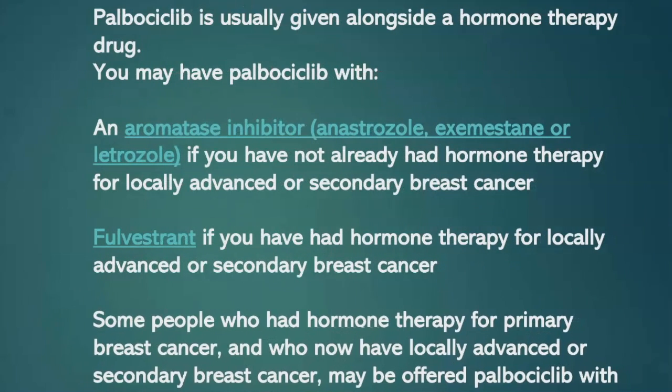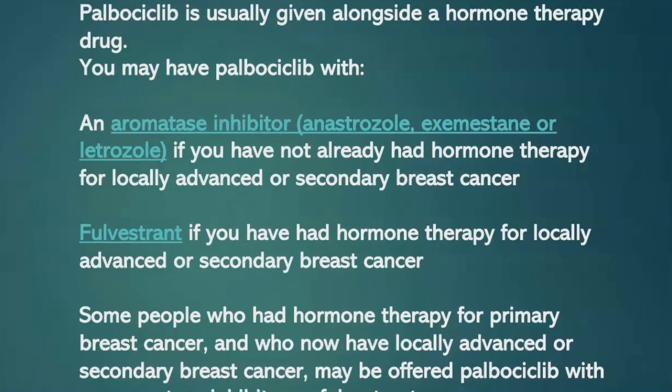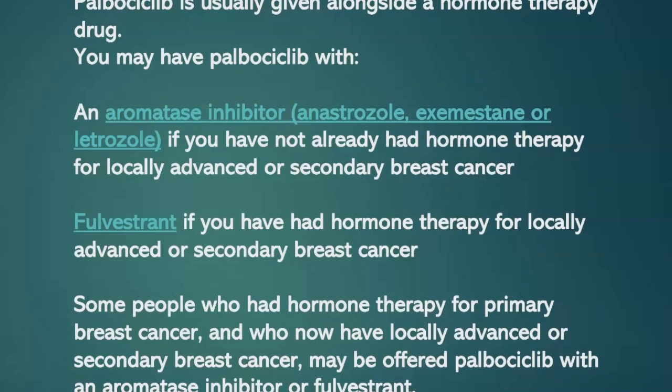So this drug is usually, again, given alongside the hormone therapy. You may take this drug with an aromatase inhibitor if you have not already had hormone therapy for locally advanced or secondary breast cancer. With fulvestrant, if you have had hormone therapy for locally advanced or secondary breast cancer. And some people who have had hormone therapy for primary breast cancer and who now have locally advanced or secondary cancer may be offered palbociclib with an aromatase inhibitor or fulvestrant.